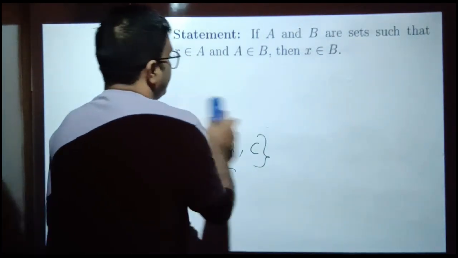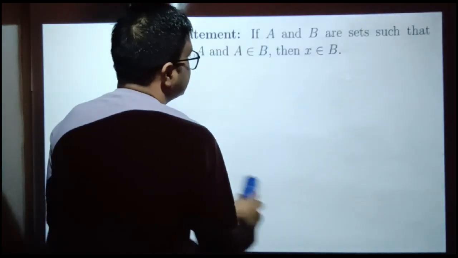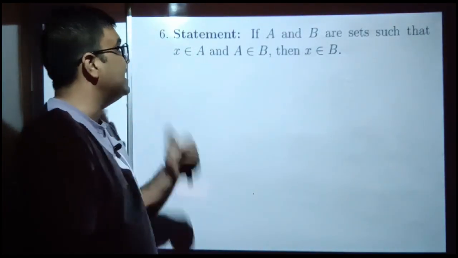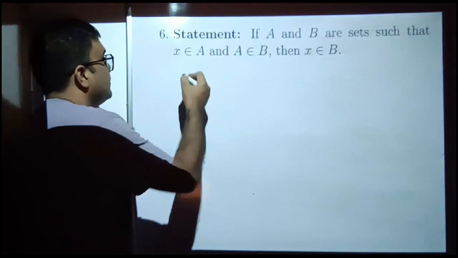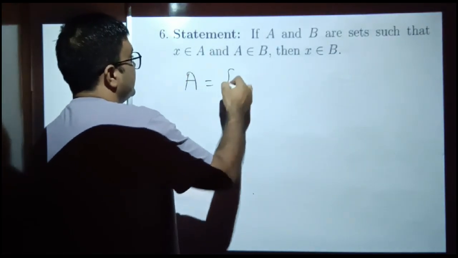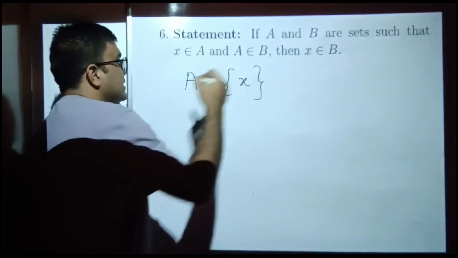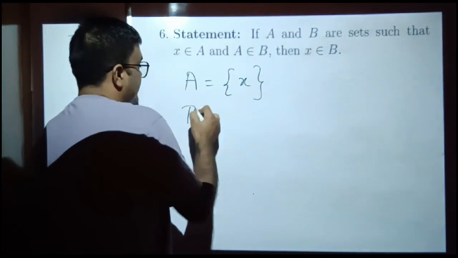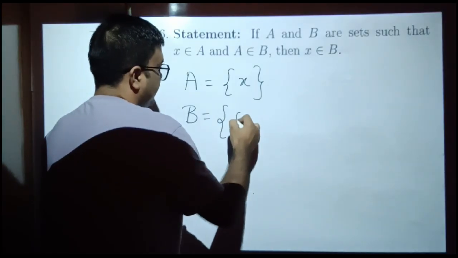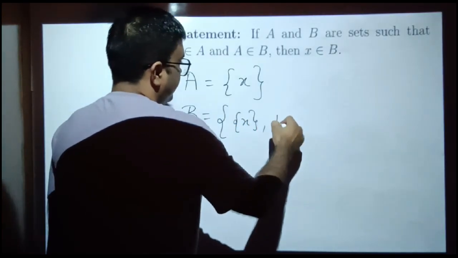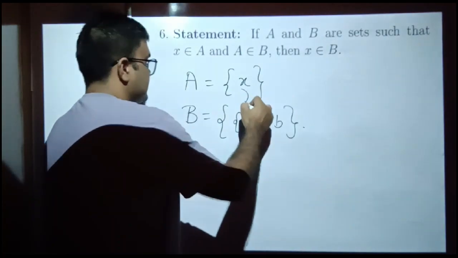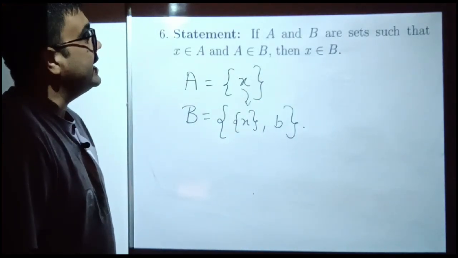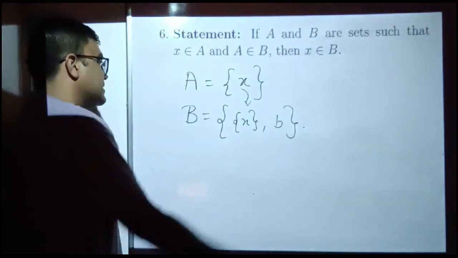Next is, if A, B are sets such that x belongs to A and A belongs to B. Some sets are given. It is given that x belongs to A. It means x is an element of the set A. A belongs to B. This complete set is present over here. Then x belongs to B. Does x belong to B?